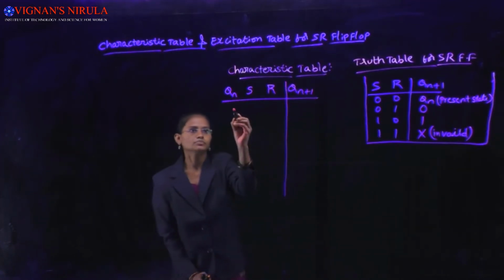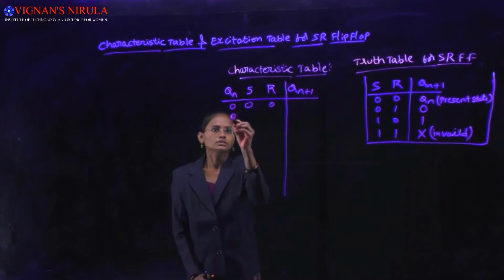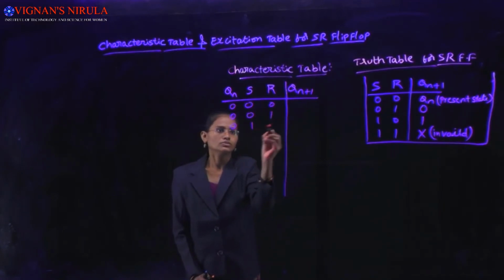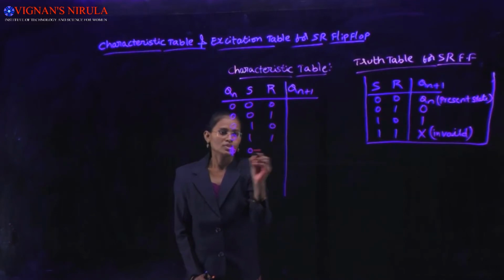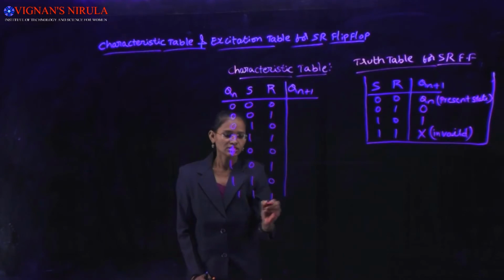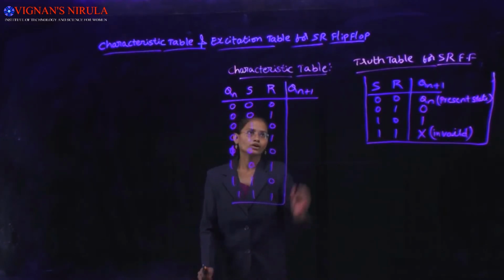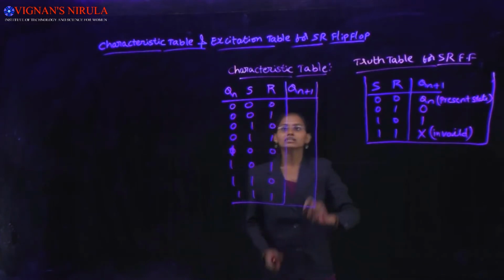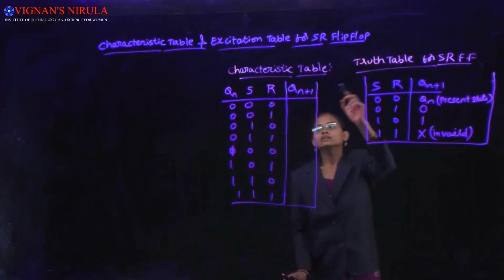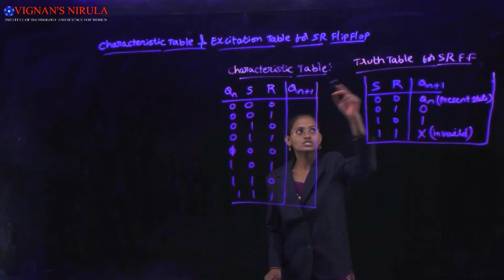Here the inputs are 0, 0, 0, 0, 0, 1, 0, 1, 0, and so on, 2, 3, 4, 5, 6 and 7. Next state outputs are here, since the characteristic table is based on the truth table.